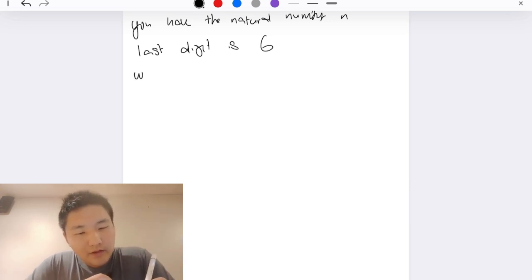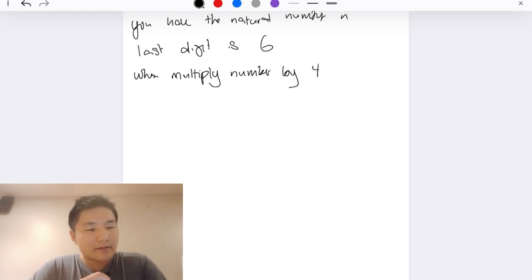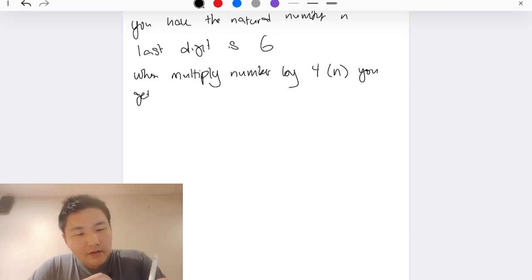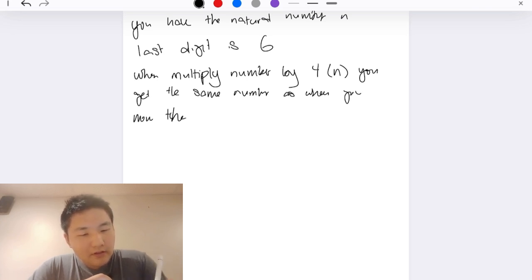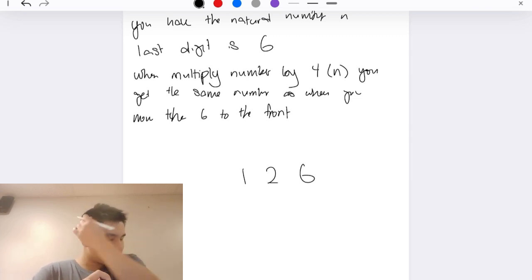And when multiplying the number by 4, when you multiply the number n, just in parentheses, you get the same number as when you move the 6 to the front. So this is basically what it means. This is not a solution to the problem, but I'm just doing it to show what it means.